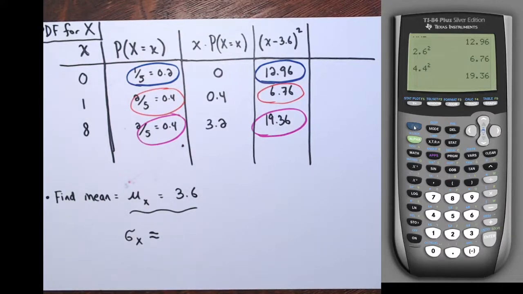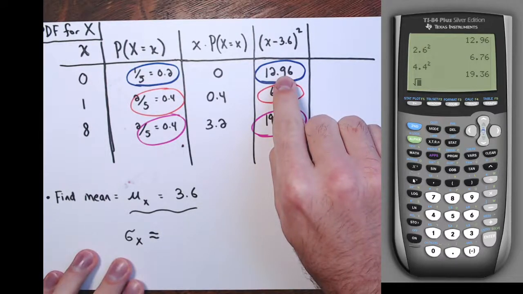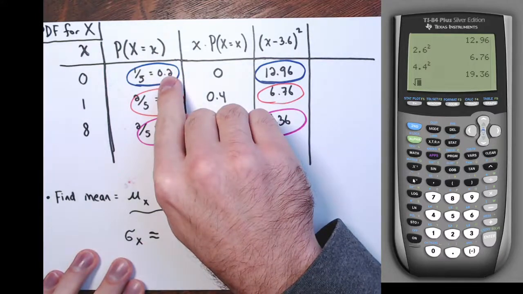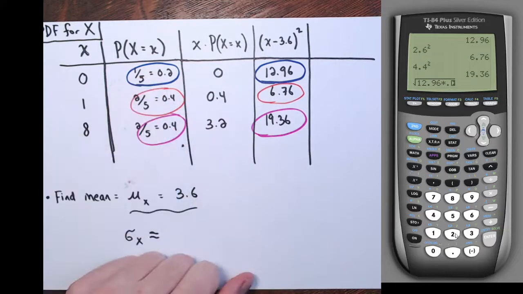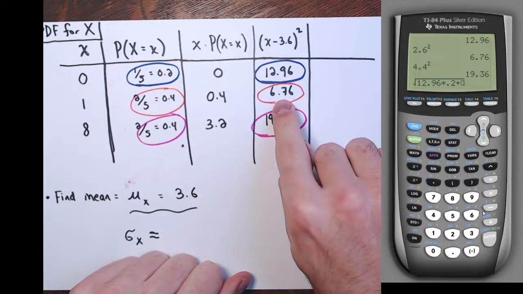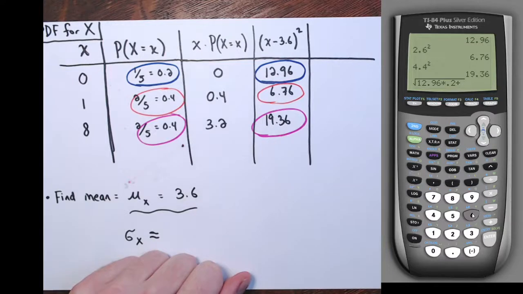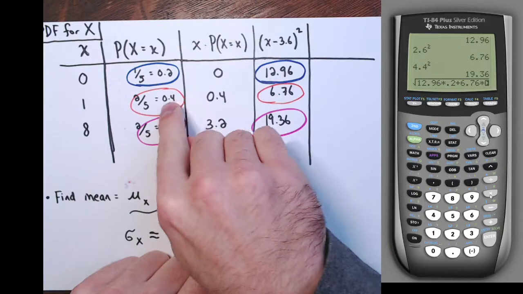So on the calculator, I'm going to put a big square root, and then just make sure all of this is under the square root. So I take the squares of the deviations multiplied by the corresponding probabilities, and then add them up. So we have 12.96 times the corresponding probability 0.2. Plus, and again, notice this is all underneath the square root, the next square of the deviation is 6.76 times the corresponding probability, 0.4.